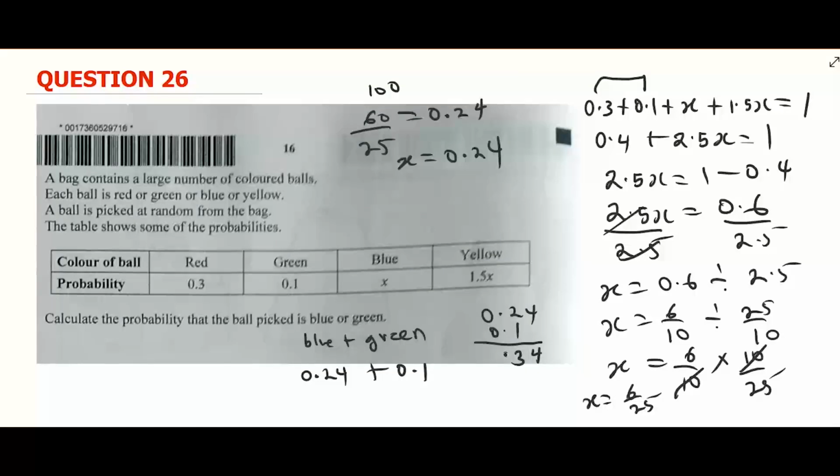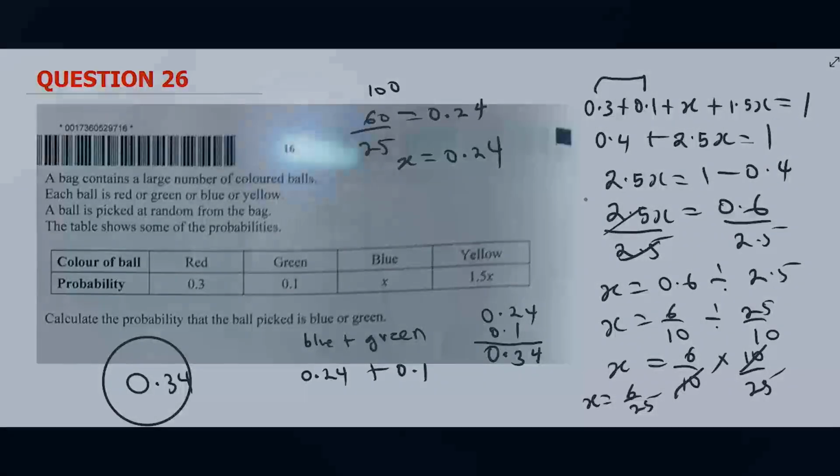Your decimal point must be set, then 0. So that means the probability that the ball picked is blue or green is equal to 0.34. So that's the answer, 0.34. So this will be the end of paper 1 on Thursday.